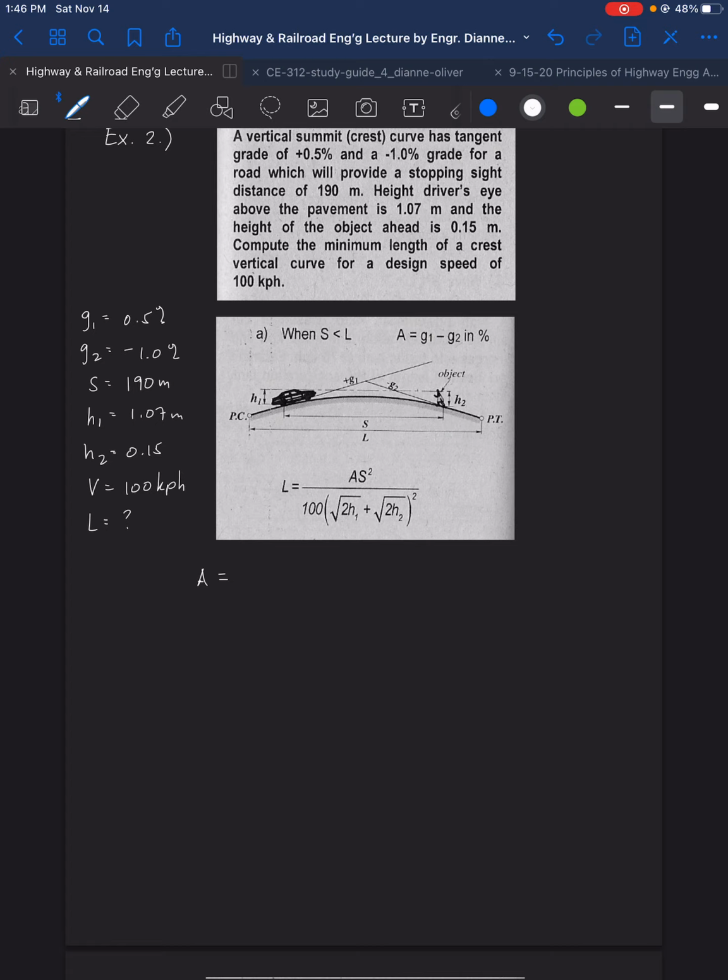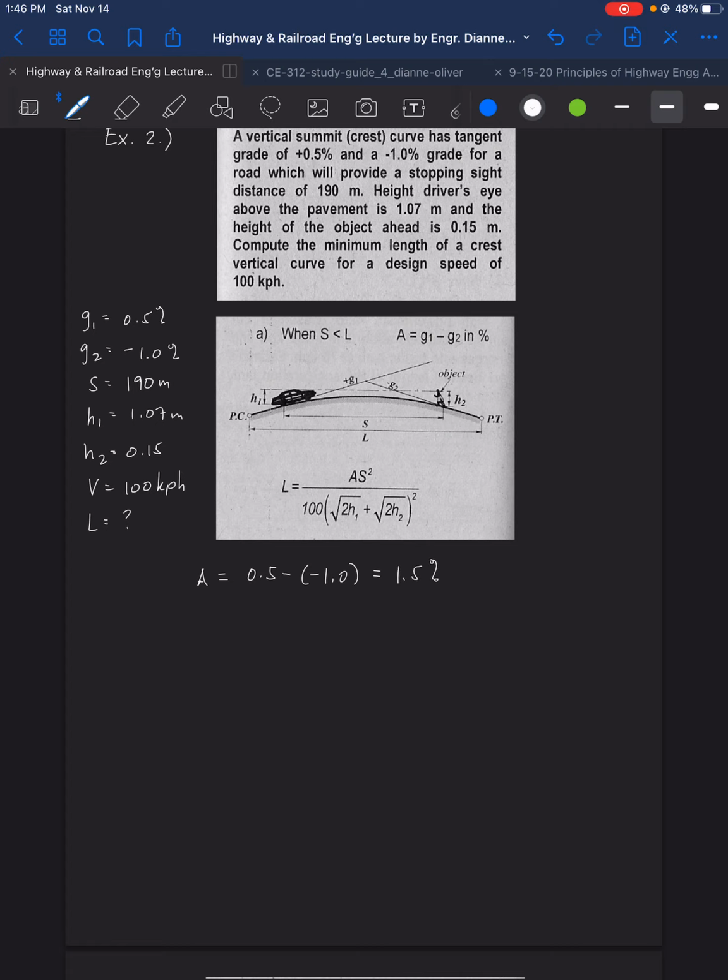A is G1 minus G2 in percent. So G1 is 0.5 minus negative 1.0, and that is equal to 1.5%.